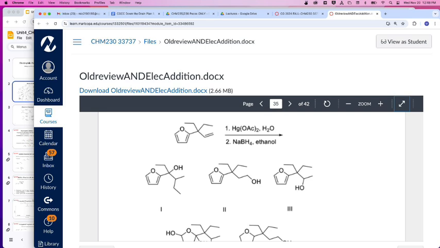The OH goes to the more substituted position. Here's our double bond. We have a green carbon and a red carbon. Which one has more carbons connected to it? The green one.